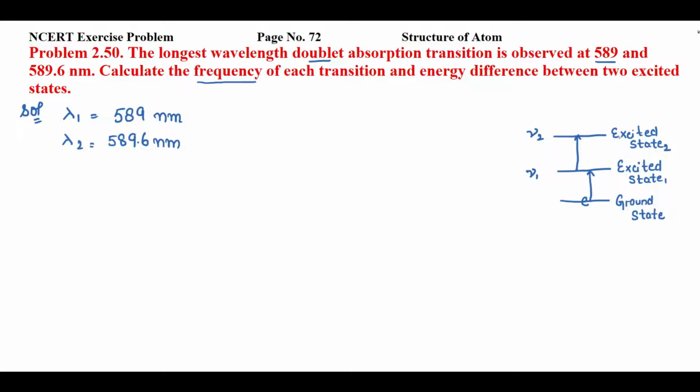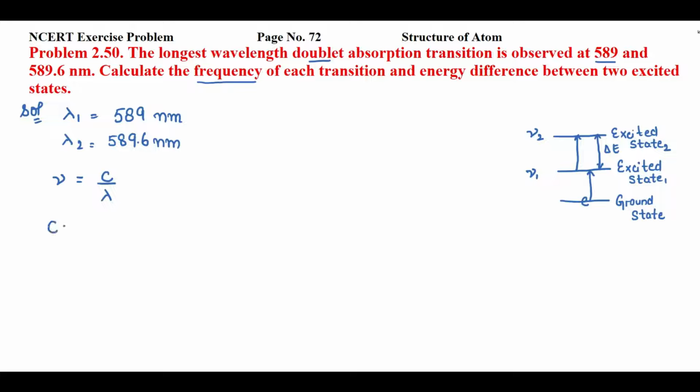Now I know that these are two excited states and we have to find the energy difference between these two excited states, right? For this, first of all, we'll find the frequency of excited state 1 and frequency of excited state 2, right? For this, we'll see the formula. So to find the frequency, we'll use the formula nu equal to c by lambda.